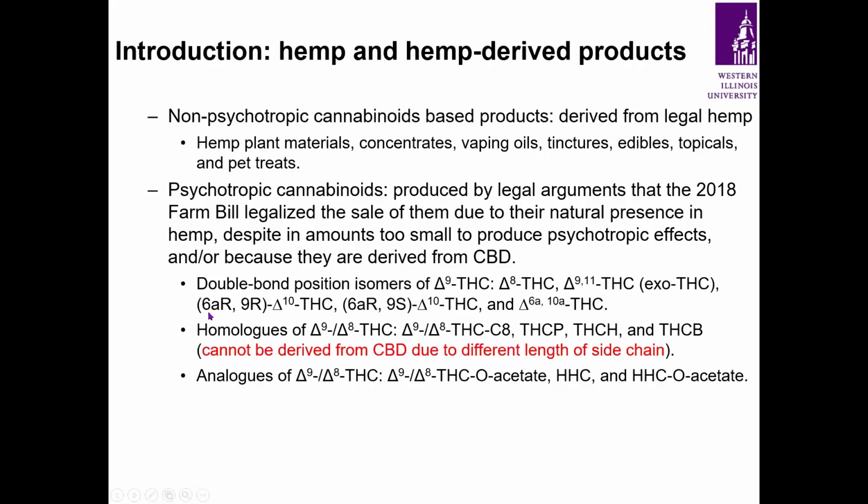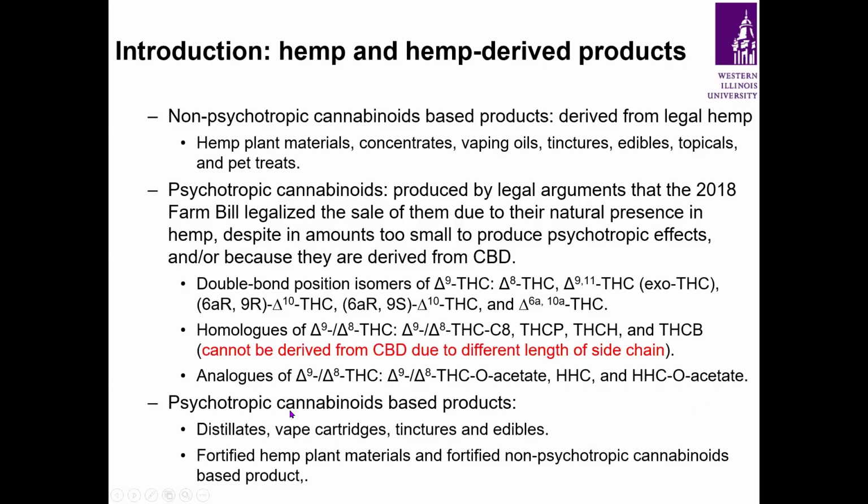Those include the double bond position isomers of delta-9 THC, for example, delta-8, delta-9(11), delta-10, there are two isomers here, and delta-6a,10a THC; homologs of delta-9 THC and delta-8 THC, including the side chain with 8 carbons, 7 carbons, 6 carbons, and 4 carbons; and analogs of delta-9 and delta-8 THC, including the O-acetates, hexahydrocannabinol, or HHC, and HHC-O acetate.